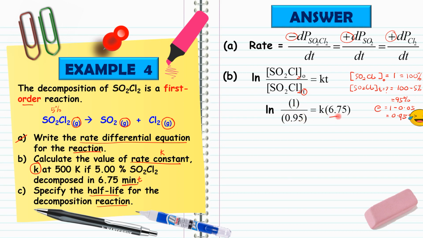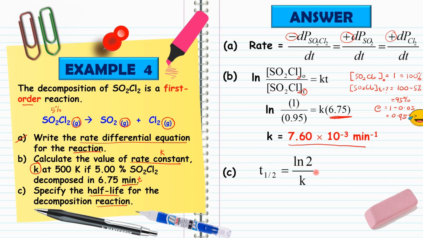Then substitute the value of t, which is already given as 6.75 minutes. From here we get the value of k as 7.6 times 10 to the negative 3 per minute.